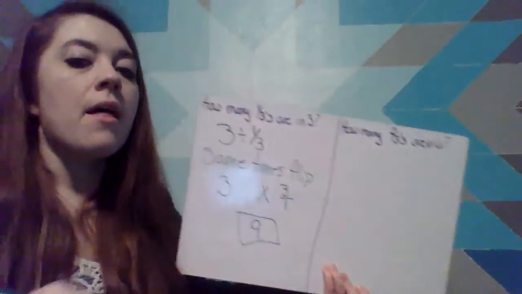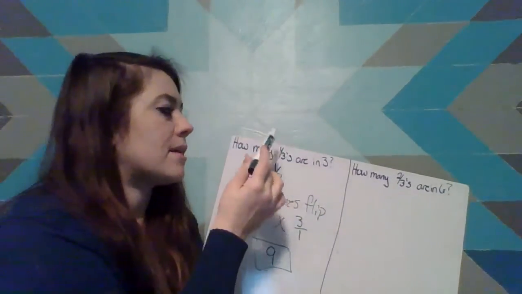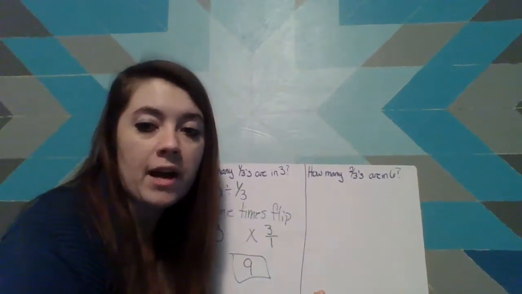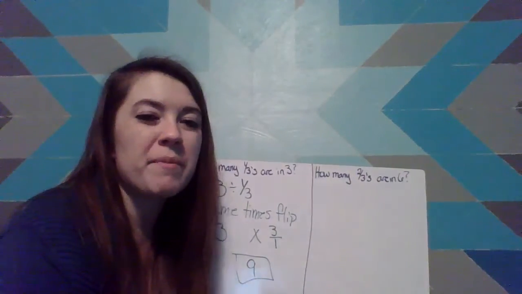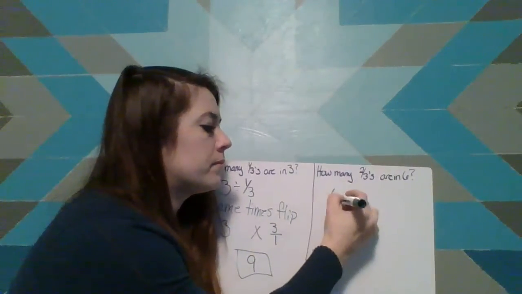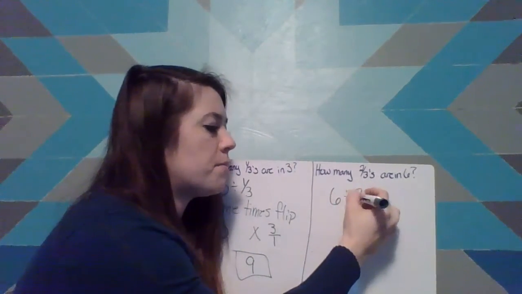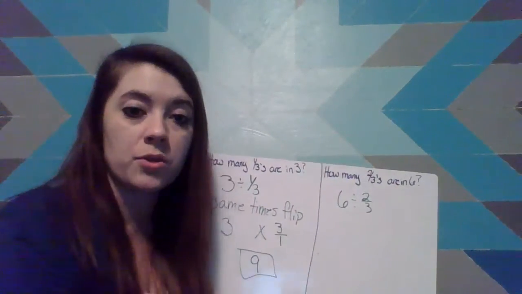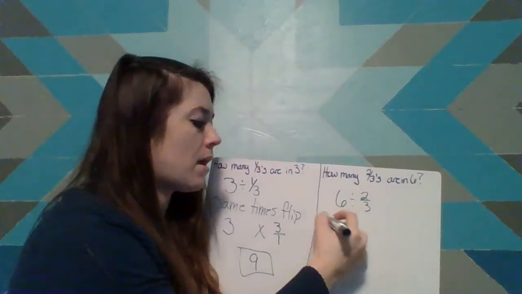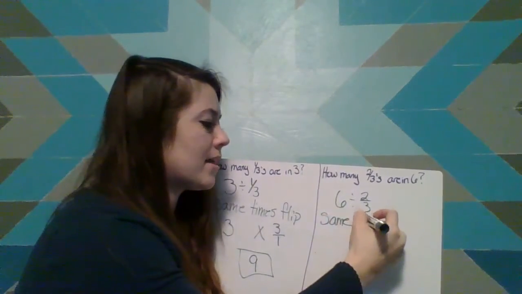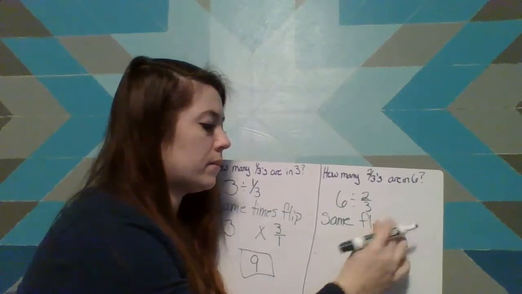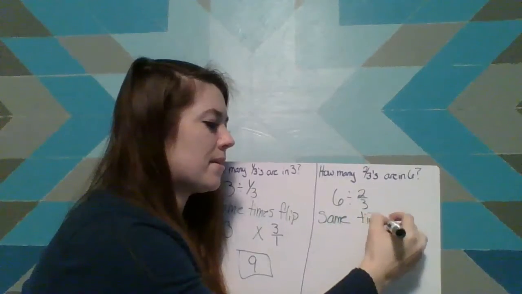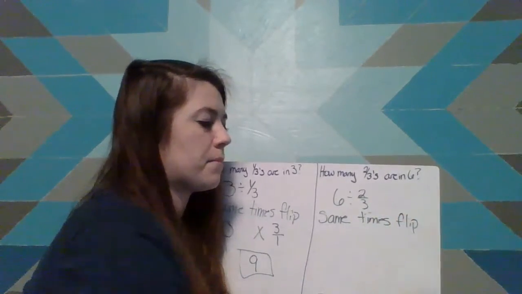So this one was a unit fraction because it's 1 over some number, but over here we have 2/3. 2/3 is no longer a unit fraction, so things will be a little bit different, but not too bad. Once again, rewrite the problem based on the question, how many 2/3 are in 6, so that's 6 divided by 2/3. Then the key phrase, same times flip.